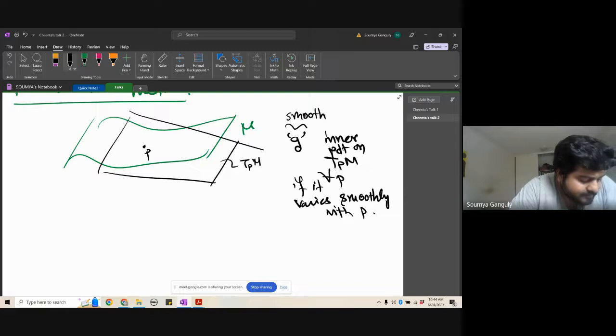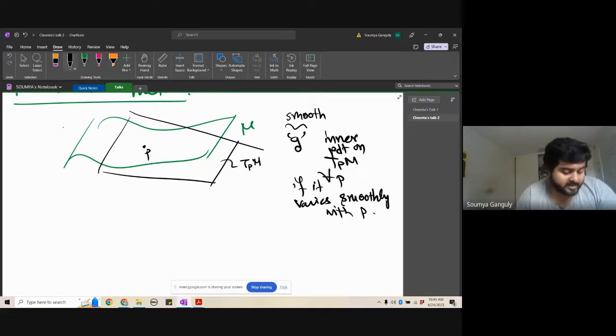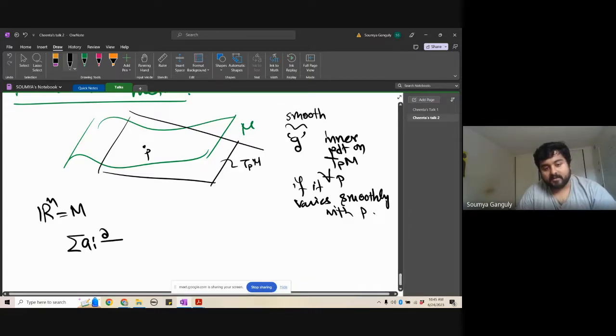So now, let me just stop by giving a trivial example. Suppose you have Rn as a manifold, right? You can think of the Euclidean metric, the Euclidean dot product. It is also a Riemannian metric. How? Because any tangent vector on Rn can be thought of in terms of derivatives.